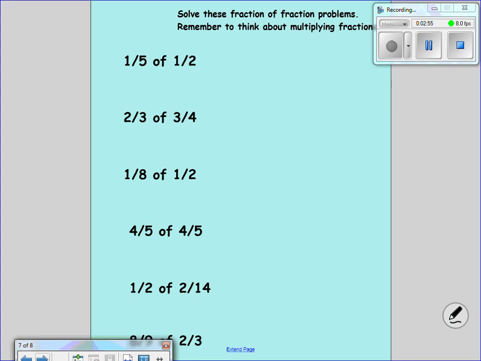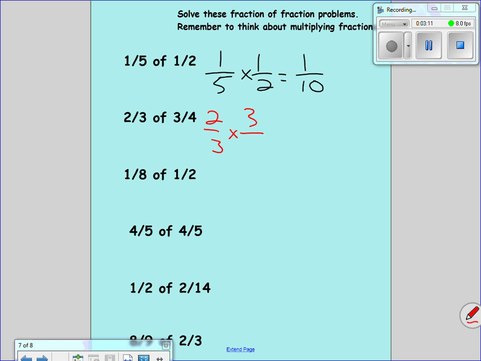Next problem. Solve these fraction problems. Remember to think about multiplying fractions. So we have 1/5 times 1/2 equals 1/10. We have 2/3 times 3/4. Let's cross-reduce this.